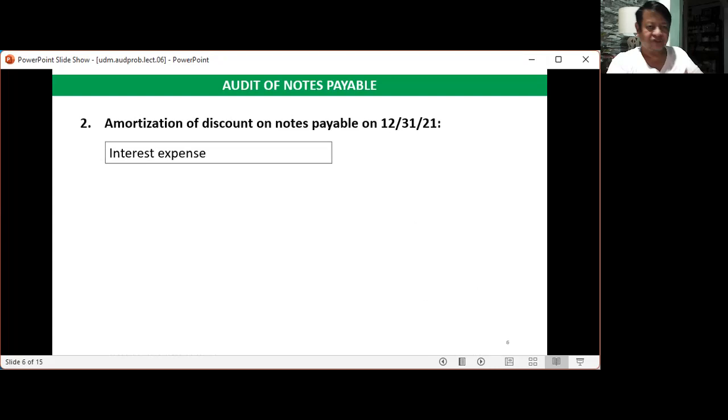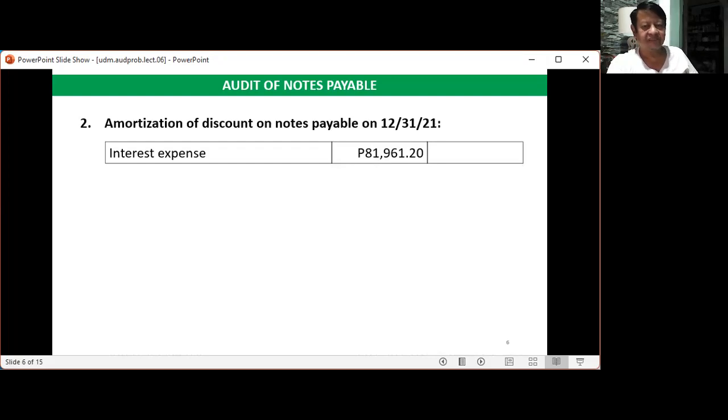So let's now record the amortization of discount on notes payable at the end of 2021. The interest expense is 81,961.20. This is 10% of the present value that we computed.